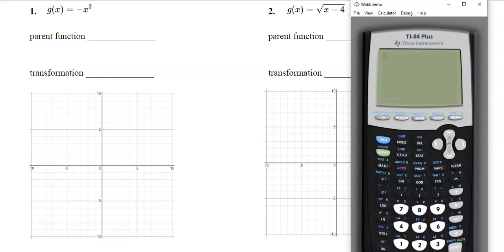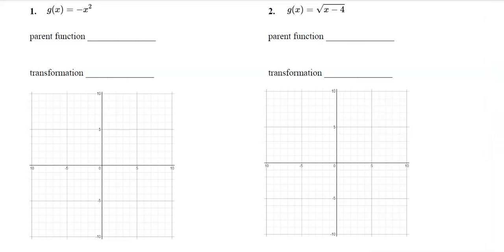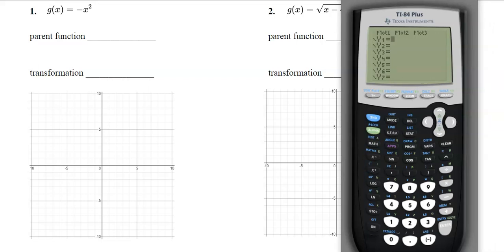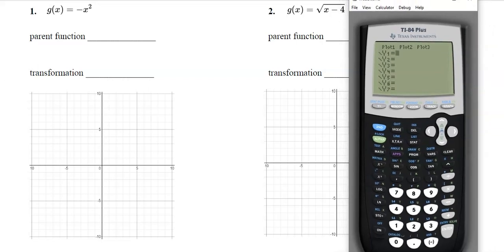Oh, sorry, trying to make it fit in the video so that everybody can see what's going on. All right, I guess you can see that on there.